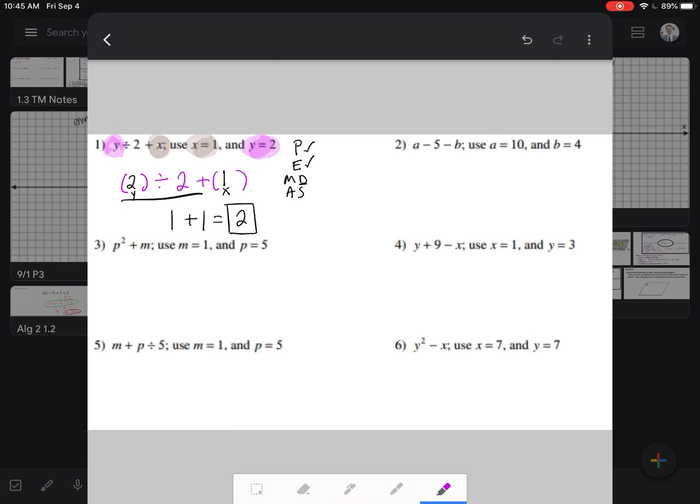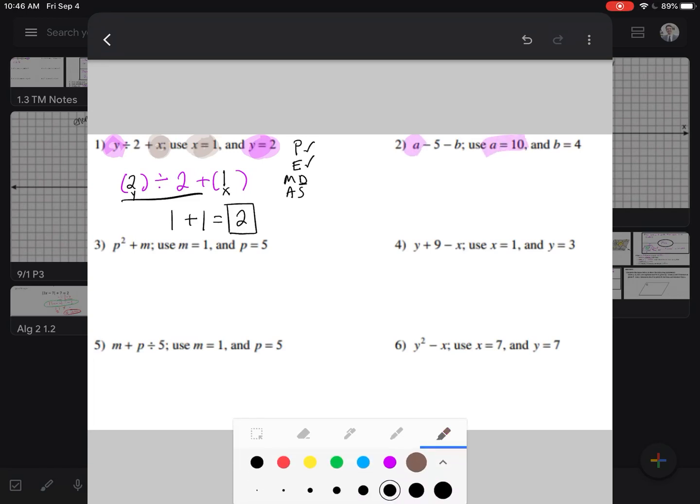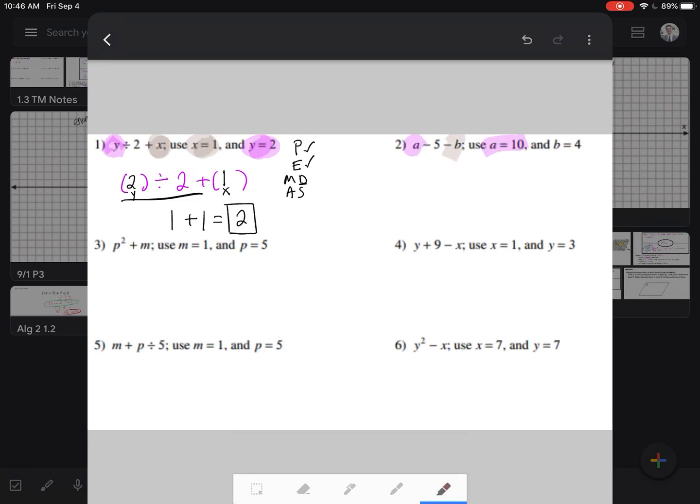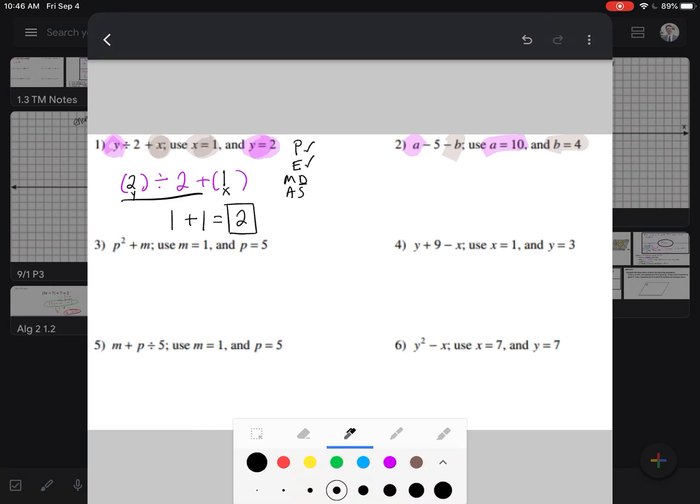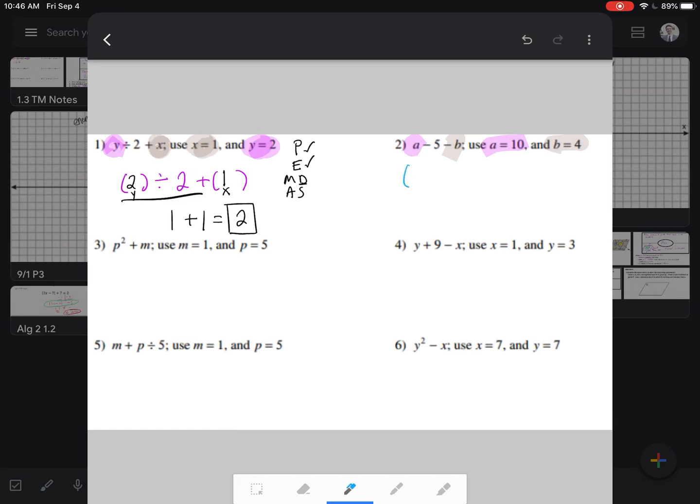Moving on to our next one. Again, let's do some quick highlighting. We have an A. We have a B. And another example of, again, that negative sign in front of the B. If we're not careful with our parentheses, this will lead us to a little bit of trouble. Again, I'm going to write my variables small so I understand what and where I'm plugging in.